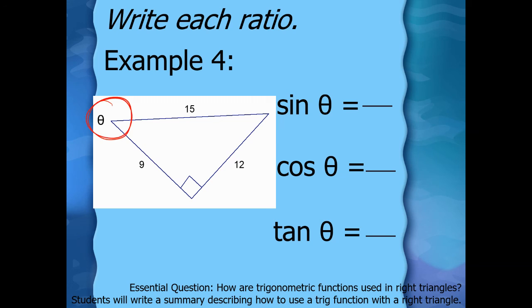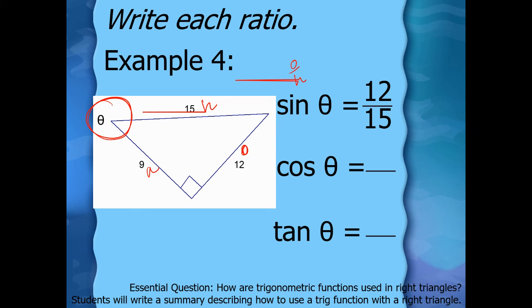All right, so there's my angle right there, my angle theta. I know across from my right angle, which almost doesn't look like a right angle, that's a bad picture, is the hypotenuse. And then my opposite is across from the 12, and my adjacent would be next to the theta. All right, so as we've talked about, sine is the opposite over the hypotenuse, which in this case is going to be 12 over 15.